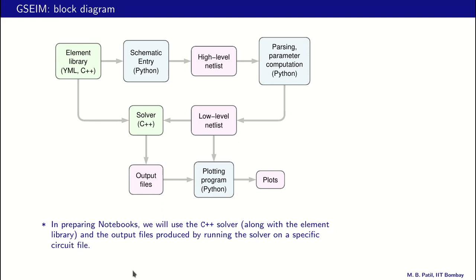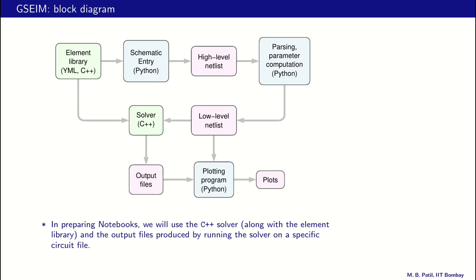In preparing our notebooks, we are actually not going to use some of these blocks. So the schematic capture part we are not going to use. We are also not going to use the plotting program. We are going to use the C++ solver along with the element library, this block here, and the output files that the solver generates.